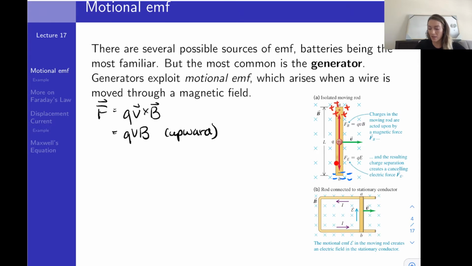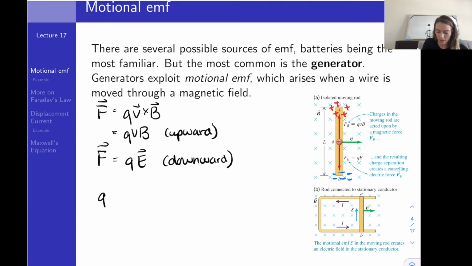So this is going to set up an opposing electric field in the opposite direction, right? So if we have positive charges up here and negative charges down here, the electric field will be pointing downward. So now our charges also feel that electric force downward. And this will happen until these two forces balance each other out.